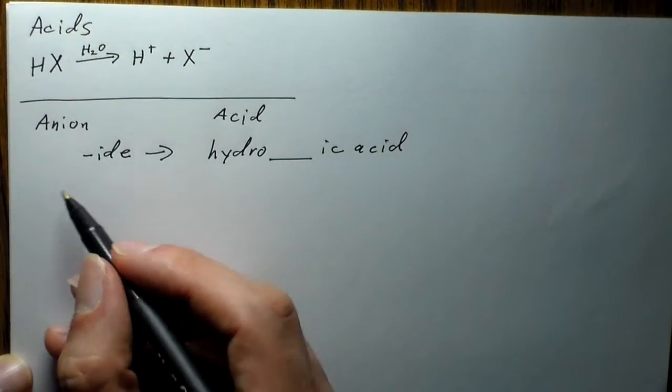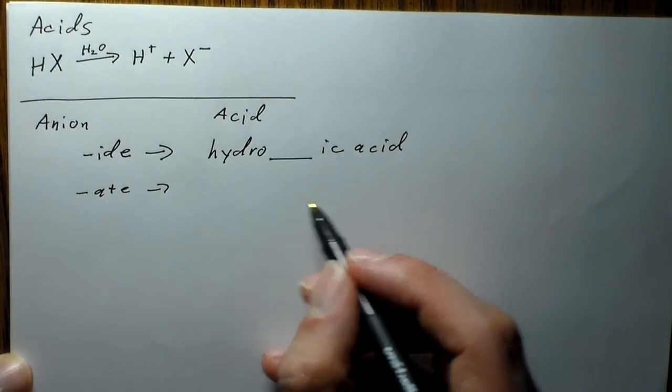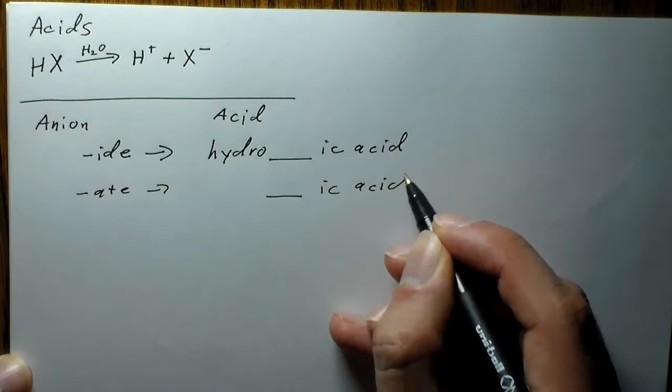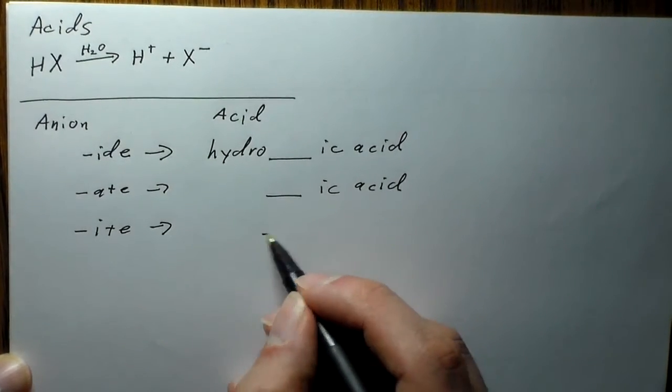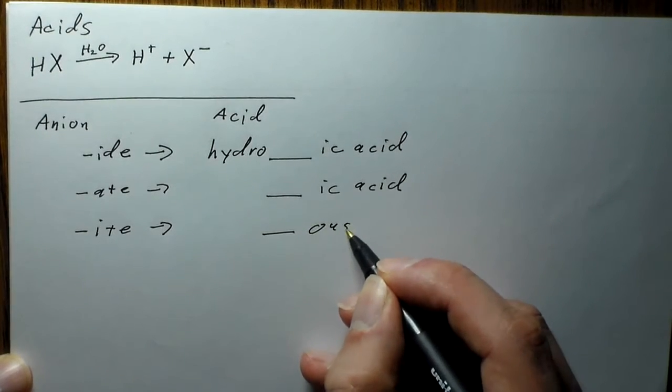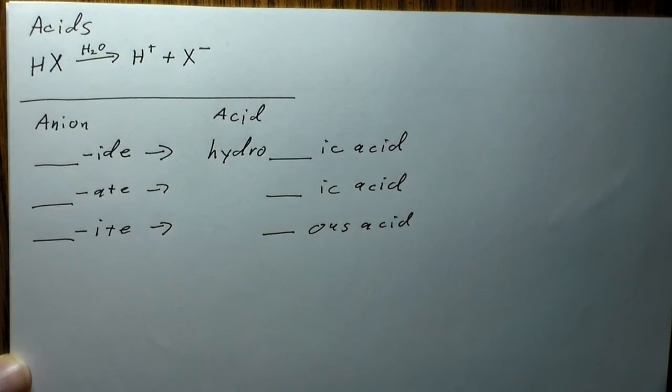If the anion ends in an ATE, then it is just going to be the ic acid. And if it ends in an ITE, then it's going to be the OUS acid. The blank here just refers to whatever anion we're actually dealing with.